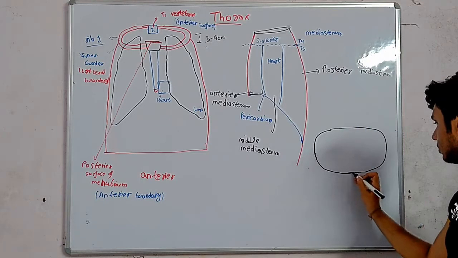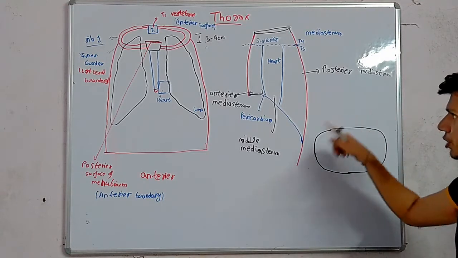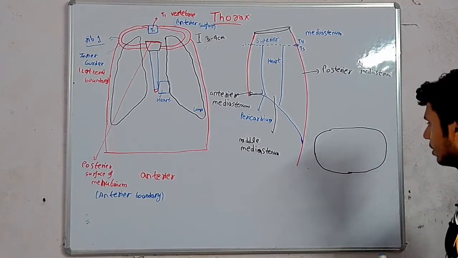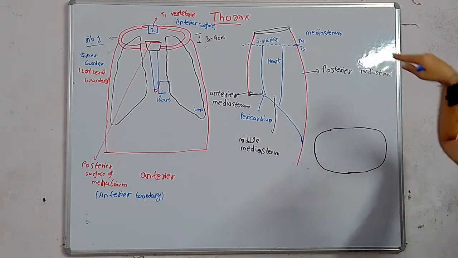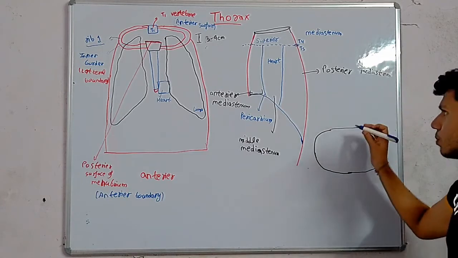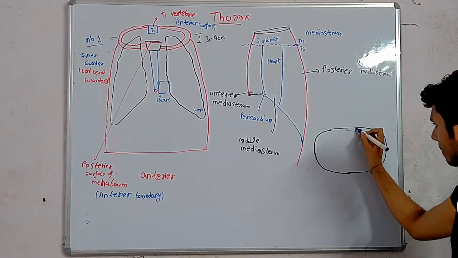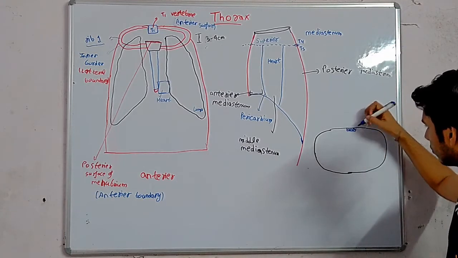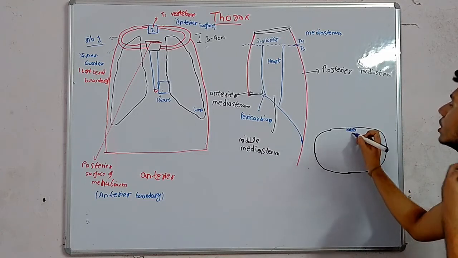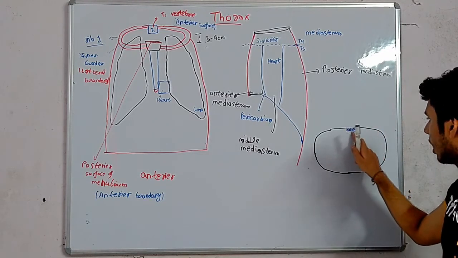Anteriorly manubrium, posteriorly T1 vertebra, laterally ribs, inner border. Trachea and esophagus pass from this. This is vertebra. Below vertebra there is a tube-like opening.